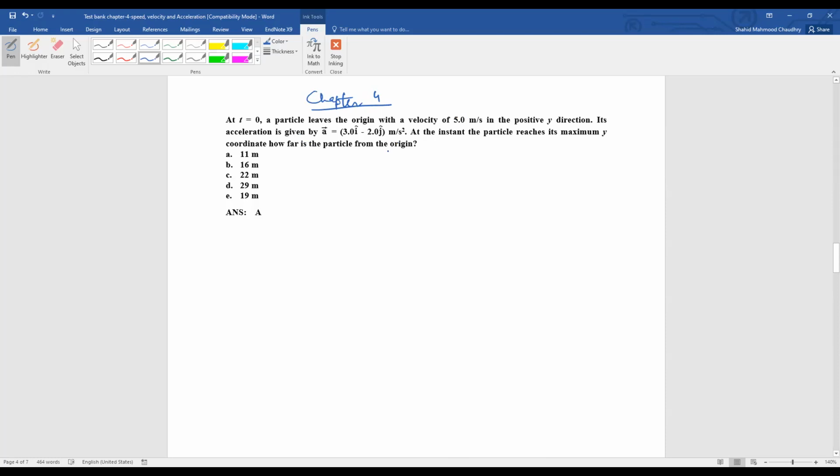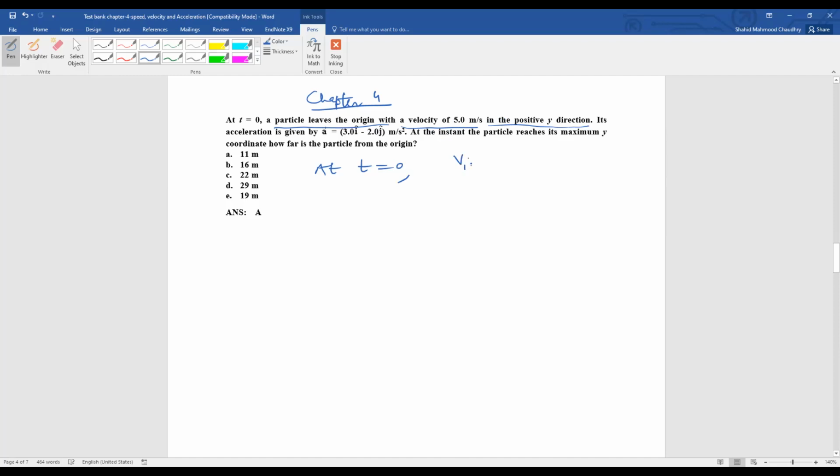So the problem is, at t equal to 0, a particle leaves the origin with a velocity of 5 meters per second in the positive y direction. So up to this statement, what we know: at t equal to 0, a particle with a velocity of 5 meters per second in the positive y direction.